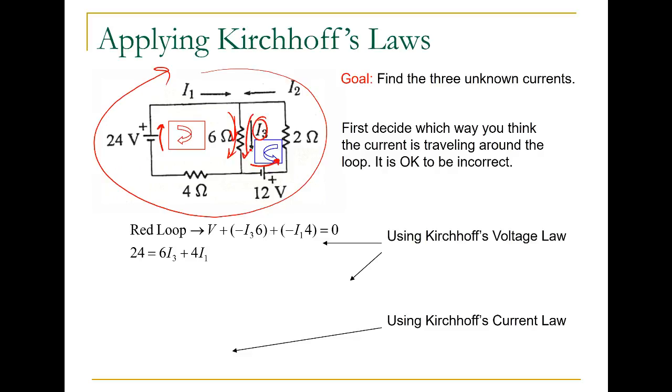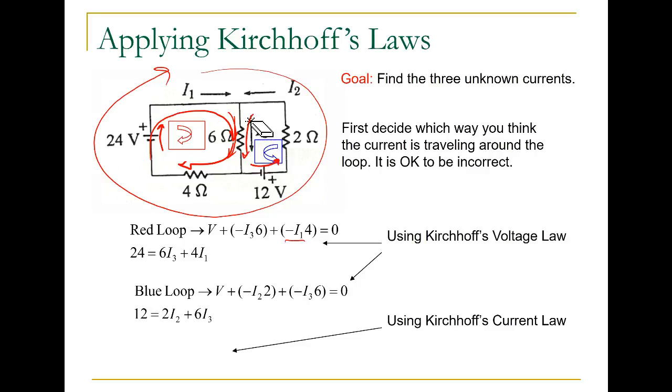It's just I3. So the red loop has an I3 and the blue loop has an I3. And that means that 24, starting here, minus 6I3 minus 4I1 equals 0, or 24 equals 6I3 plus 4I1. Sorry, I misspoke. That's I1.